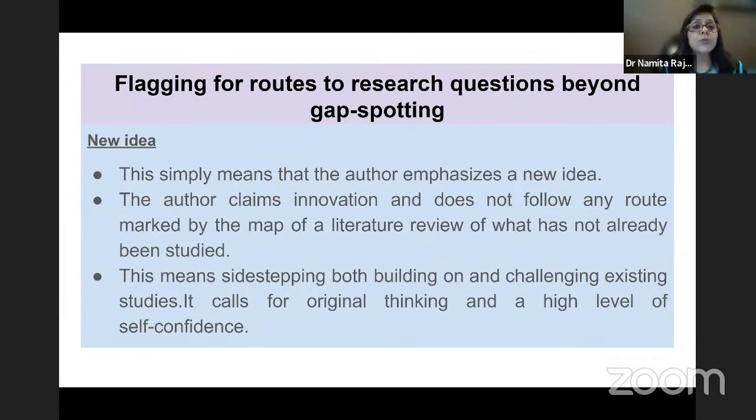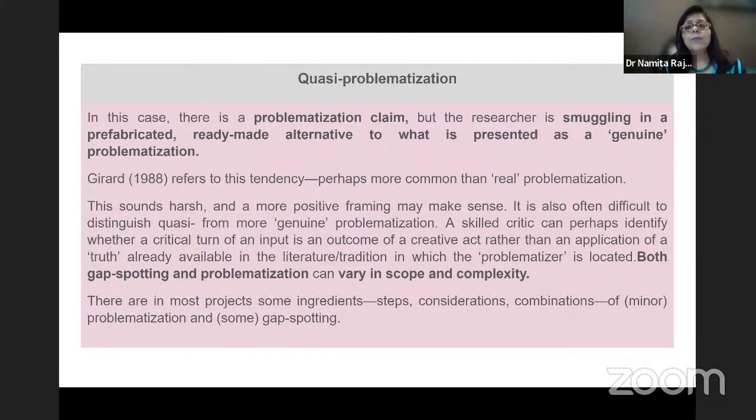It is going to make you a good researcher, and you're going to make substantial footprints in the research fraternity.